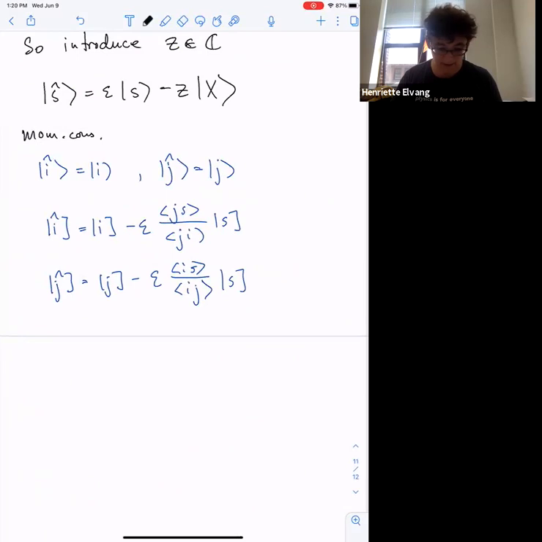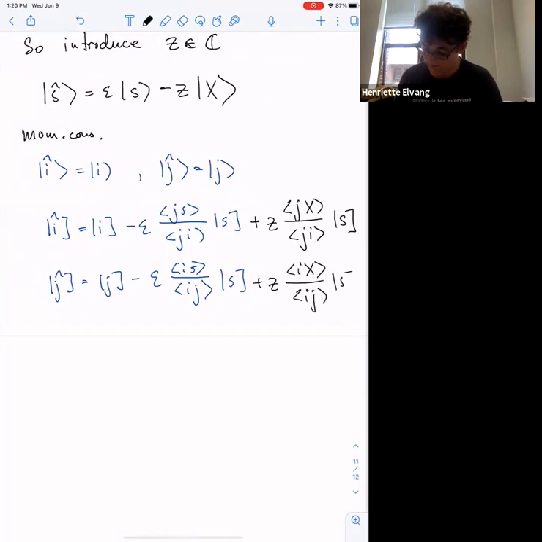I'll do the same thing, but now I'm adding an additional part that depends on z, an additional shift in variables that is very parallel to what we did before, except with x replacing s. And now momentum conservation for the shifted momentum variables will hold. And it will hold by exactly the same argument I just showed you, because everything I did was the same with x and s interchanged and epsilon going to minus z.